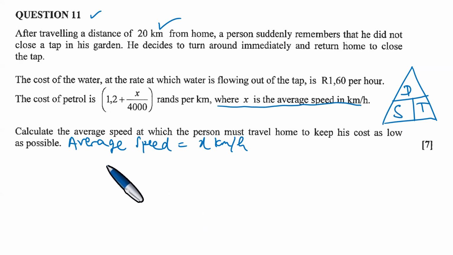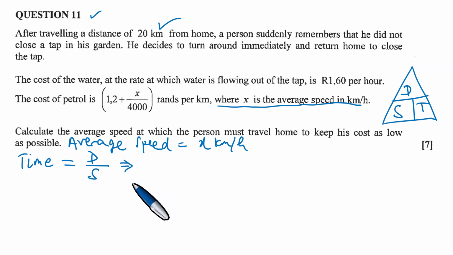So the question then is, if we are interested in performing the calculations, we'll have to calculate the time. The time this person will take to travel. He or she travels a distance of 20 kilometers. We know that time is distance over speed.